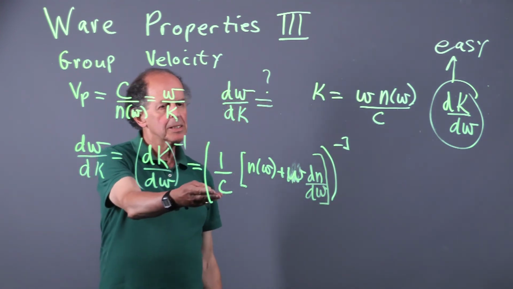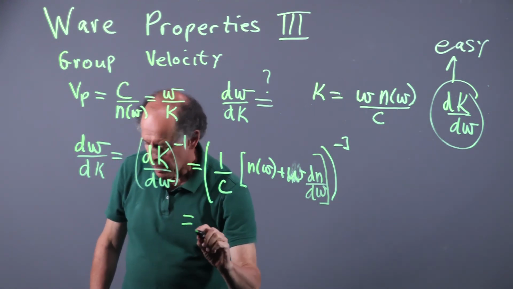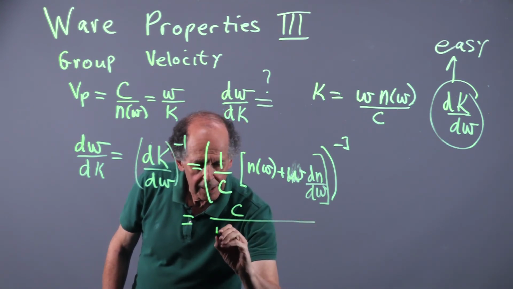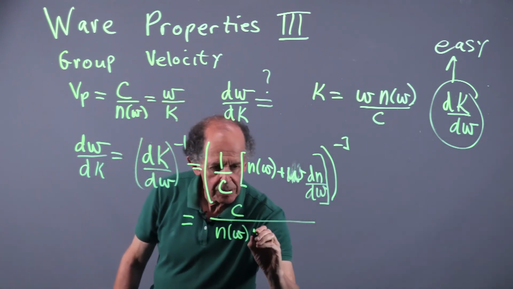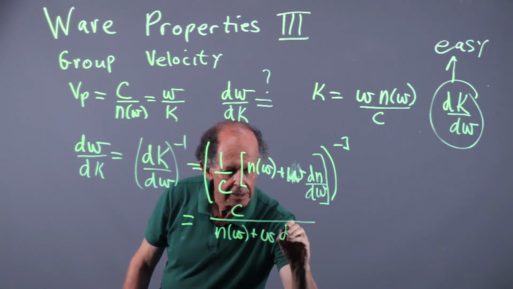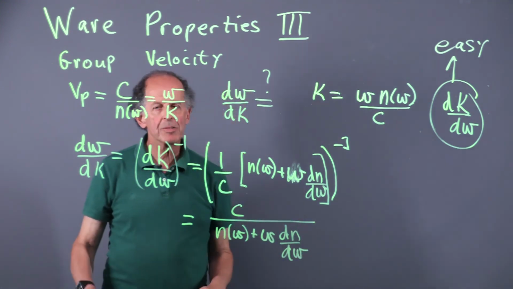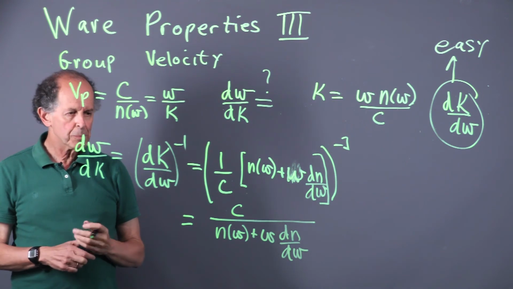Now we can easily take the reciprocal of that, and it's equal to c divided by n of omega plus omega dn by d omega. So that's the group velocity of the light waves going through the prism.